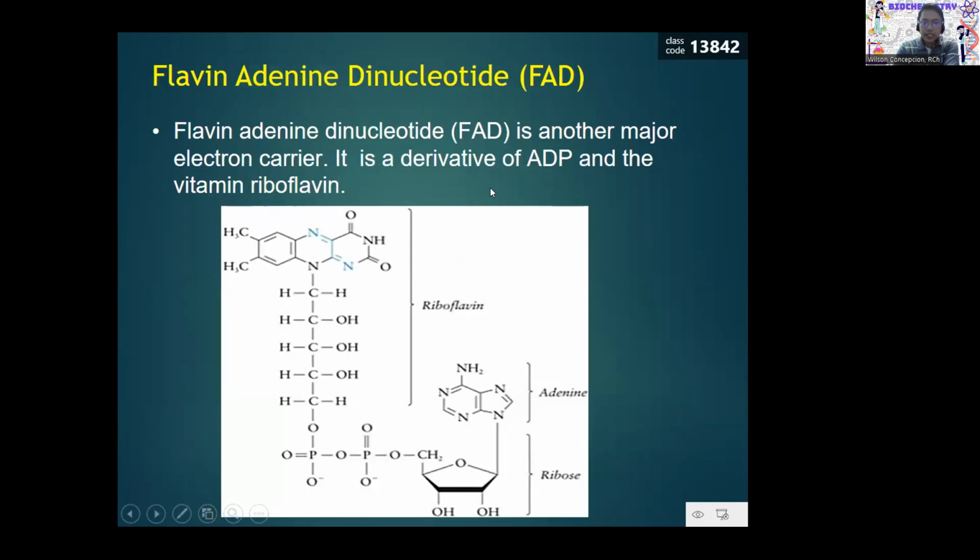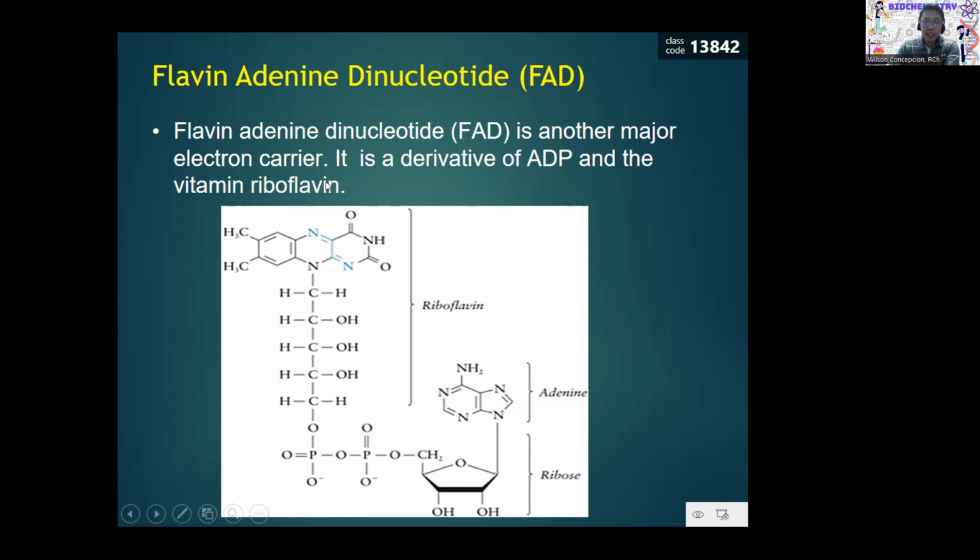Then FAD. FAD is flavin adenine dinucleotide. It is a derivative of the vitamin riboflavin, and riboflavin is vitamin B2.